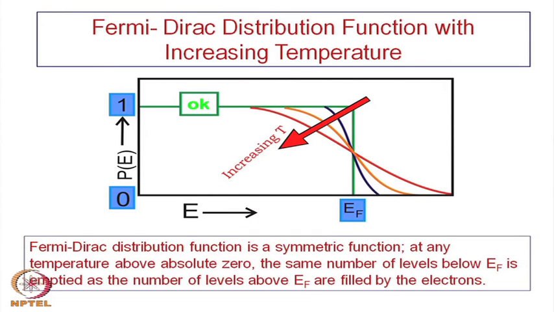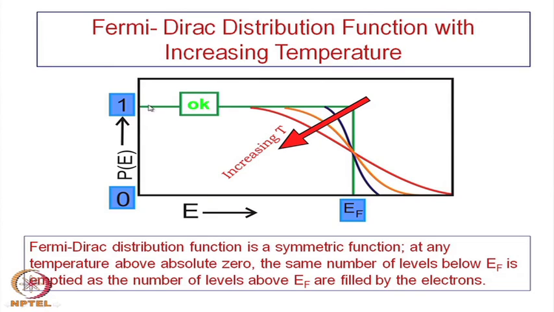This is also almost the same curve, but at different temperatures. The same probability function as a function of E, and one can see at EF there are 3 different temperatures. Temperature is increasing in this direction.